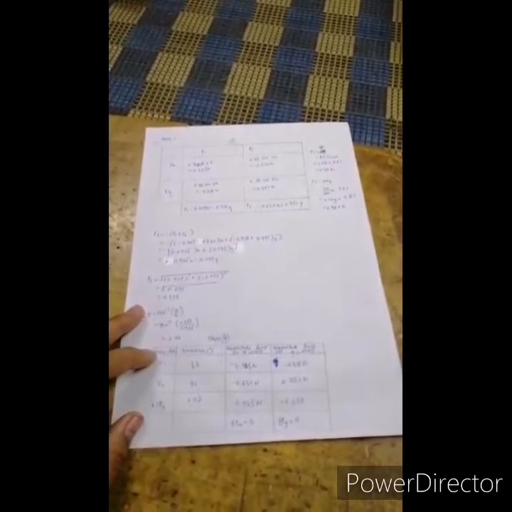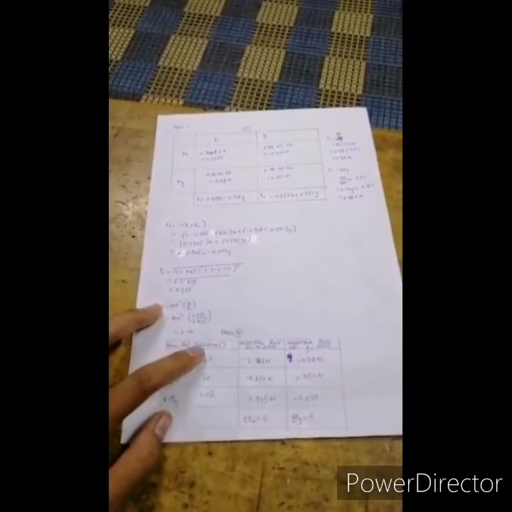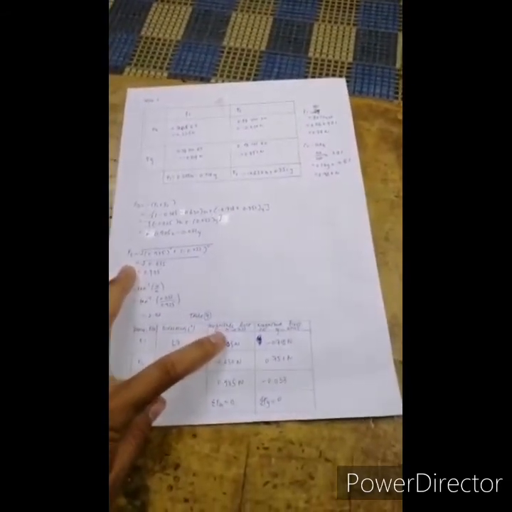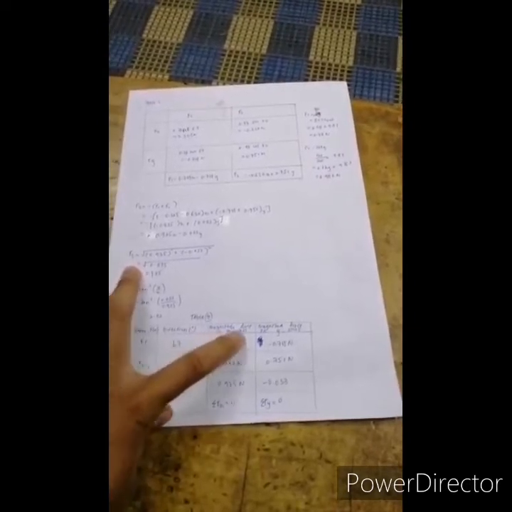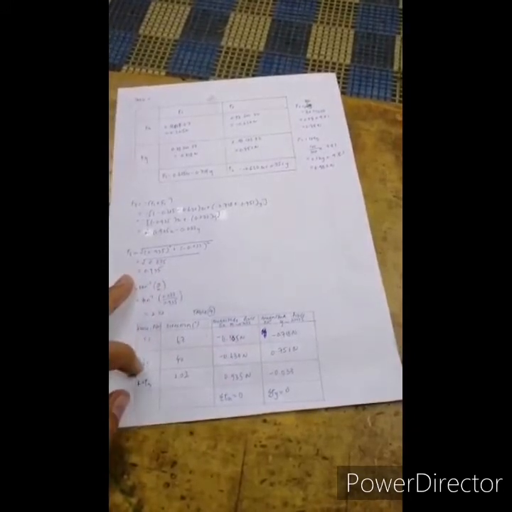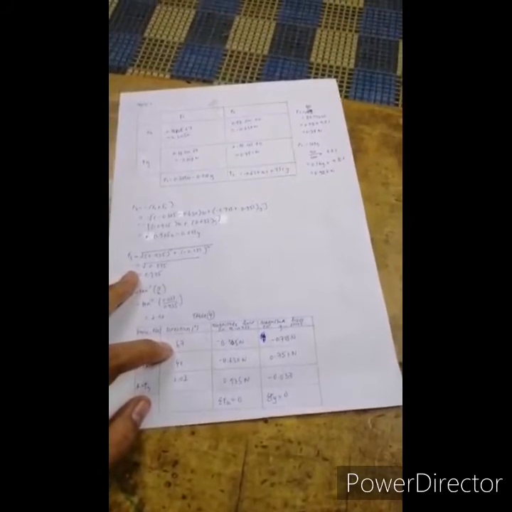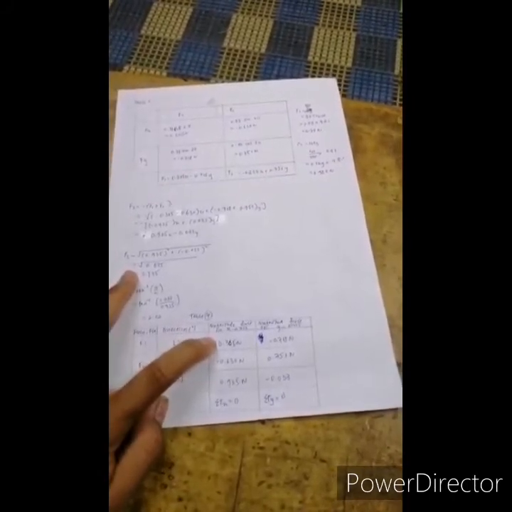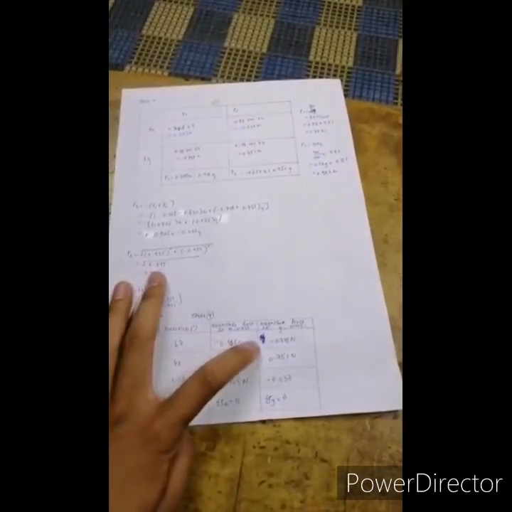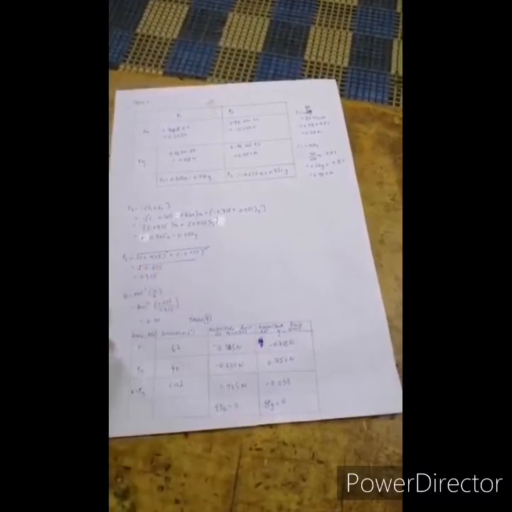Table 4: force F in Newton, direction, magnetic force on x-axis, magnetic force on y-axis, F1, F2, F3. F1 direction 67, x-axis negative 0.305 Newton, y-axis negative 0.718 Newton.